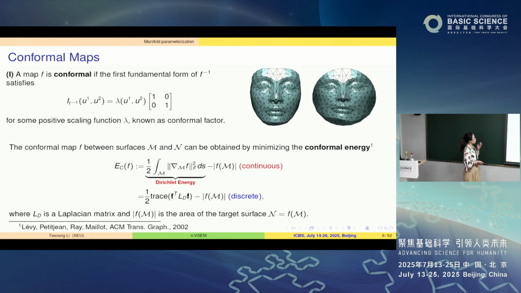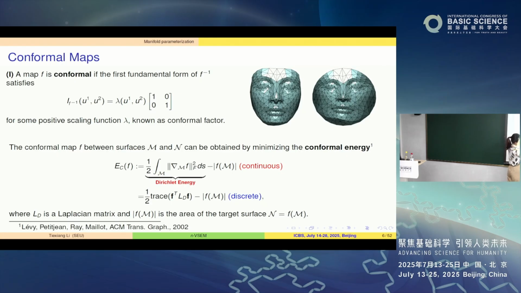From the mathematical view, we say the map is conformal if the first fundamental form satisfies this equation, and here lambda is the conformal factor. From the optimization model, the conformal map can be found by minimizing this conformal energy. We study this problem by minimizing the energy.